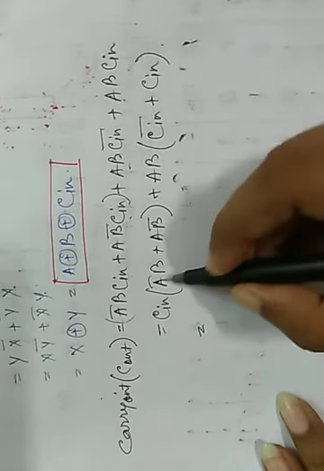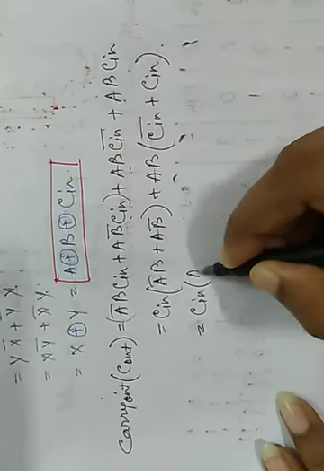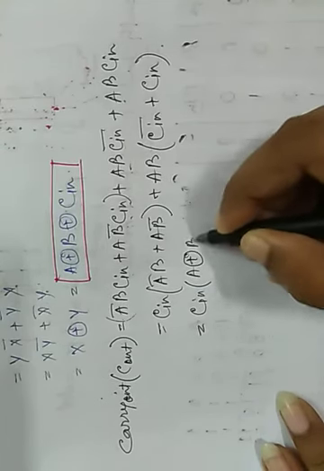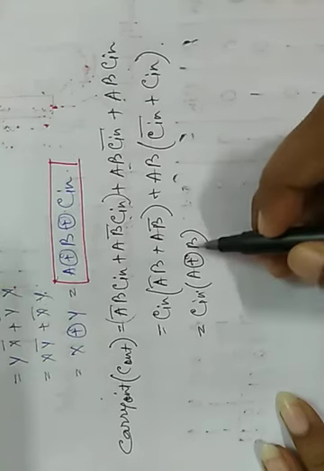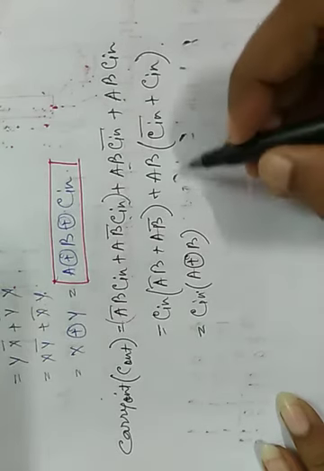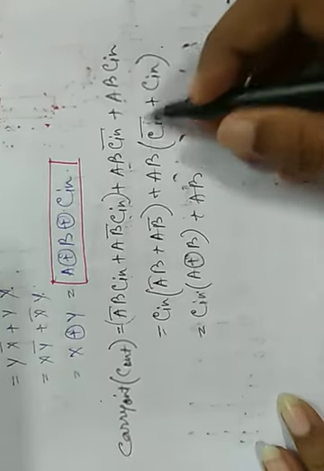Okay, so A bar B plus A B bar, again this is A XOR B. That means C in (A XOR B), and this is AB (C in bar plus C in).